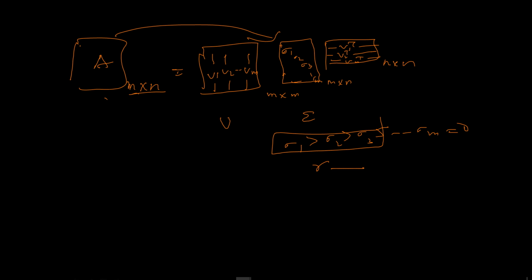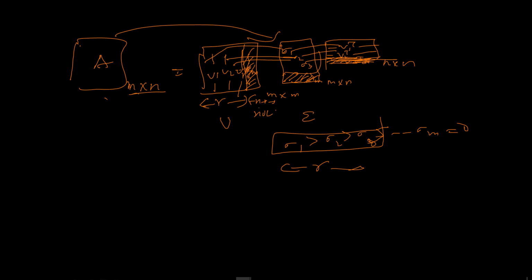Similarly, for dimensionality reduction, beyond r all the values I nullify, that means these values are deleted. The first r values are kept and the rest are null, because their eigenvalue is 0, so I am not considering these vectors. So dimensionality reduction happens here, and this is the rank of the matrix, the number of independent vectors.